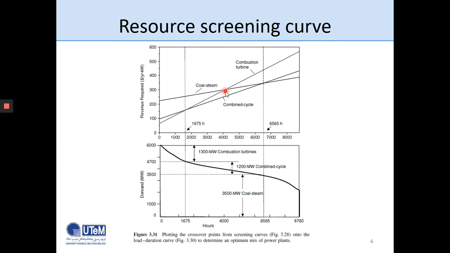So for the base load, we depend on coal. The second option is combined cycle because it's the second cheapest. And the last option is combustion turbine because it's the most expensive after this value. Okay, so the cut-off point is important.